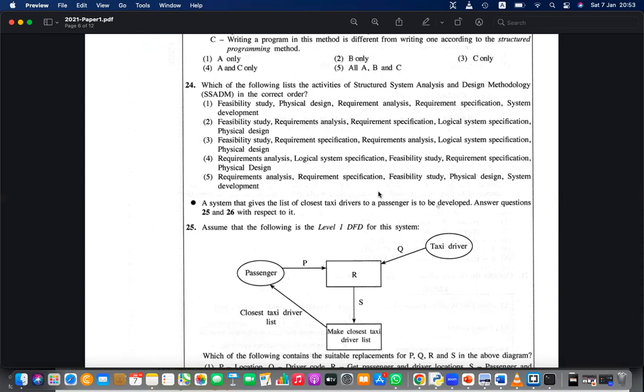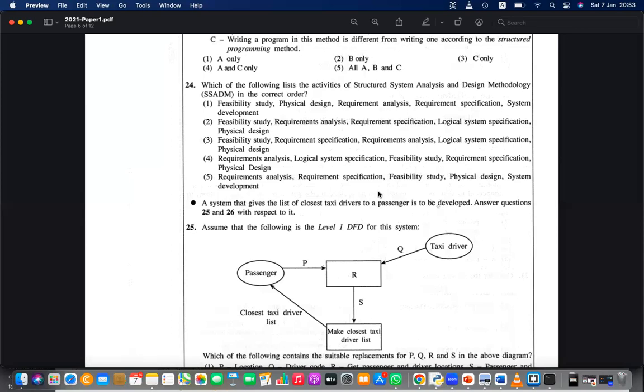Okay, the design and the system development. Okay, requirement analysis, logical system specification, feasibility study, then the requirement specification and the physical design. Yeah, that can be taken as the correct answer, D, in this case.